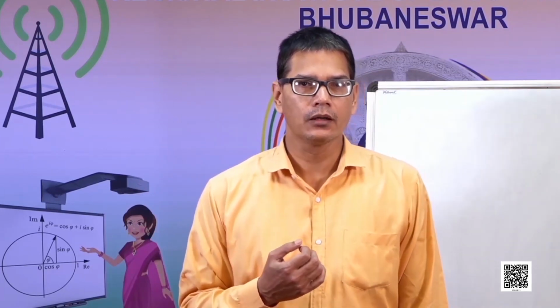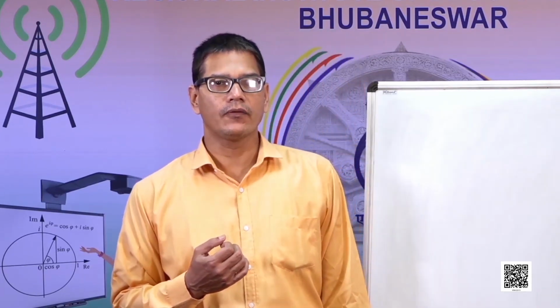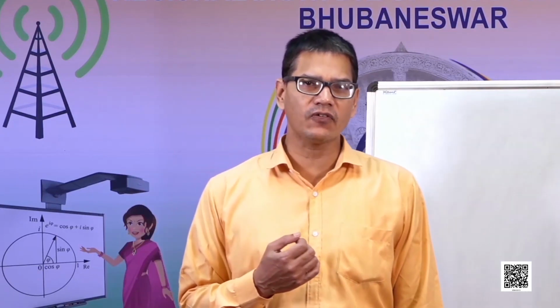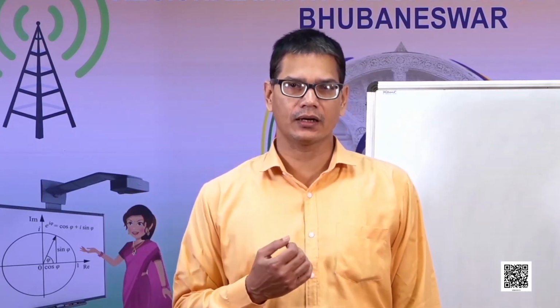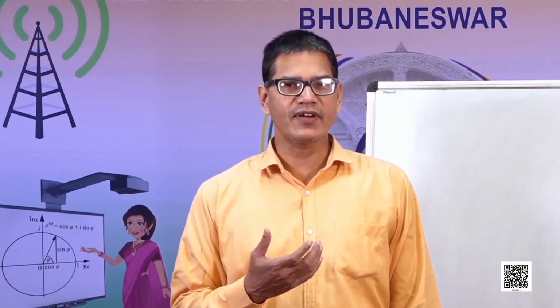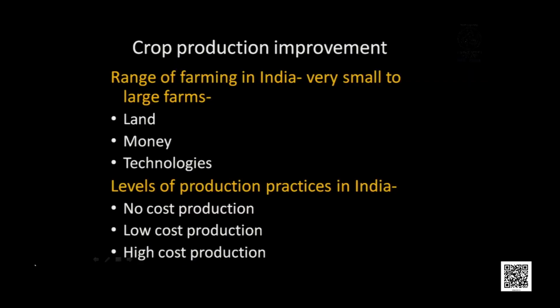Now, before that, we have to see the scenario of farming in India. It varies a lot, from very small farms to very large farms, and also in terms of land, money, and technology. Some farmers use very small land, whereas some do farming on huge land.